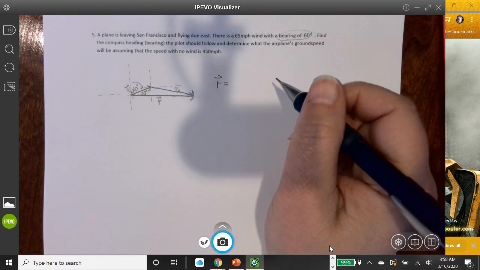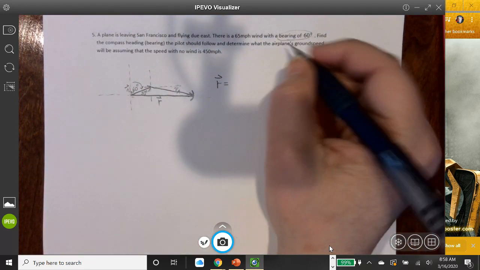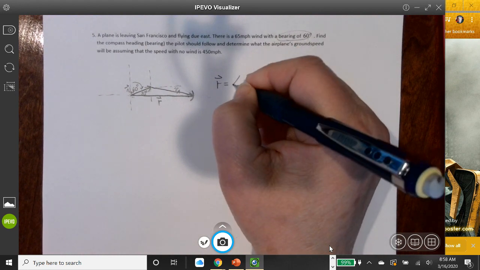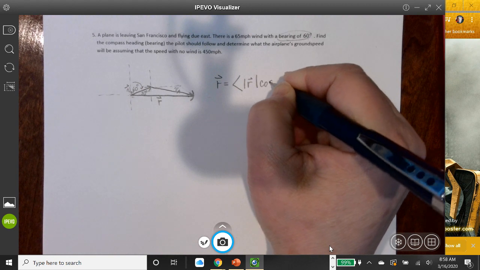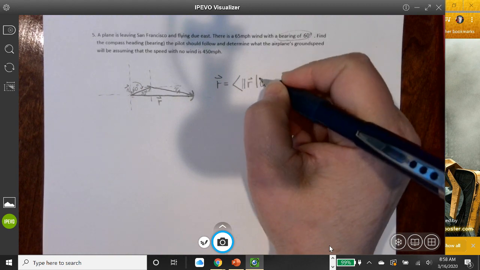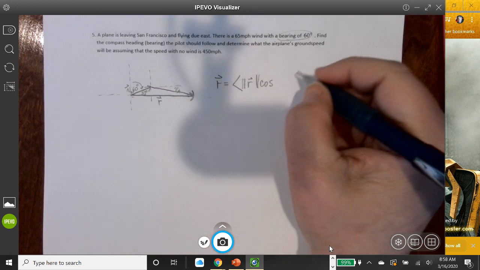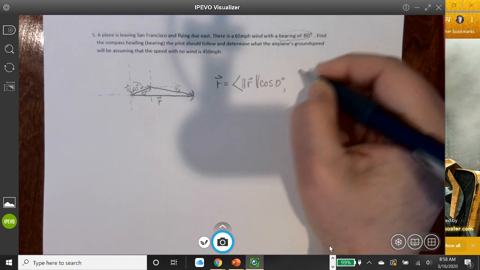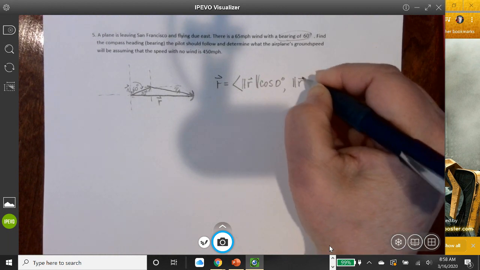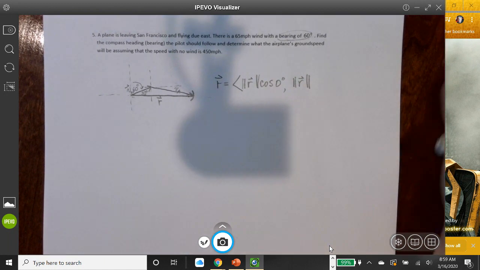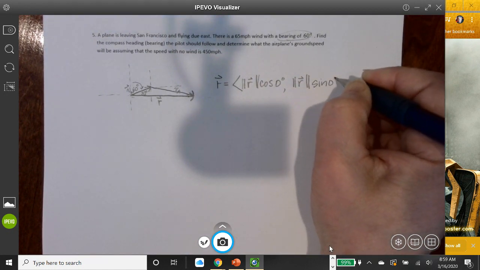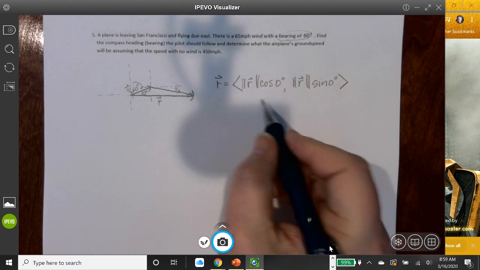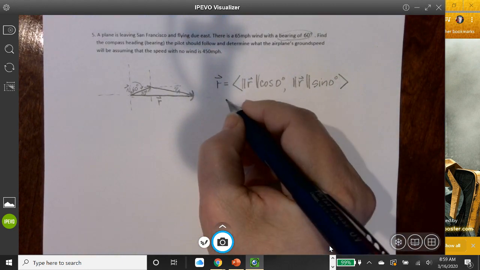We don't know what the resultant speed is. So I'm going to go the magnitude of the resultant times the cosine of, well, what is the angle of the resultant? Well, it's 0. Magnitude of the resultant times the sine of 0, because we're going due east and that angle is 0.